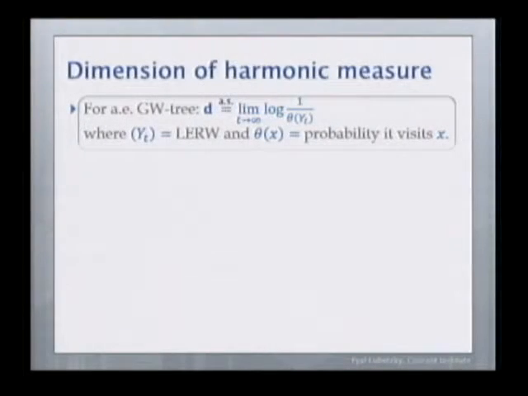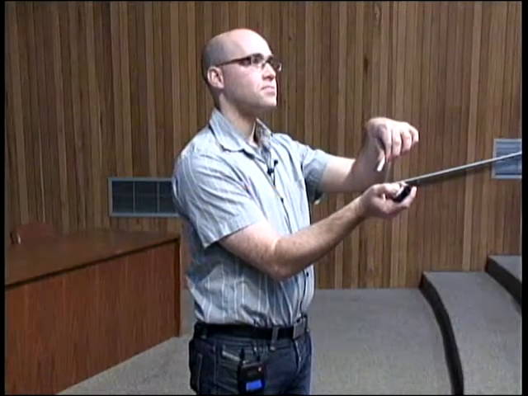Okay, since you will choose one of these loop erased random walk traces for your walk to infinity, it's a random thing. I can define theta of x as the probability that x sits on this trace. It's the probability that x was traversed by the loop erased trace of the random walk.